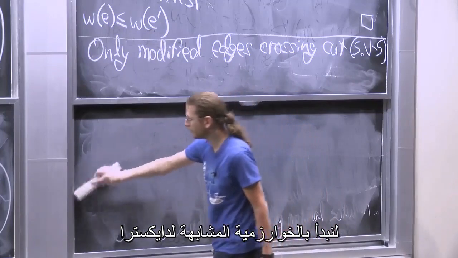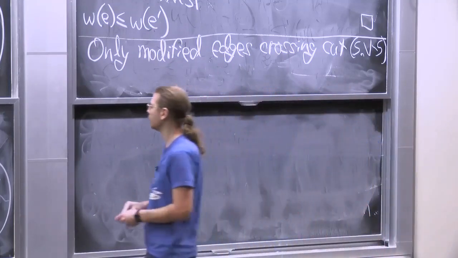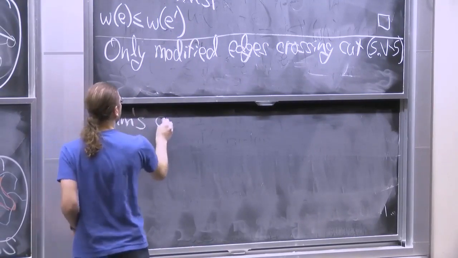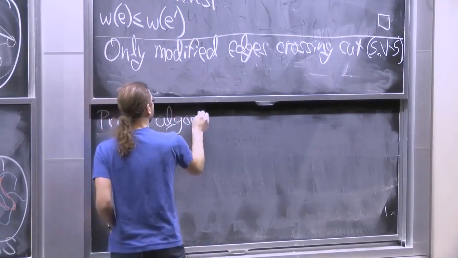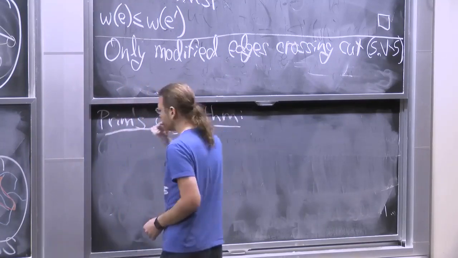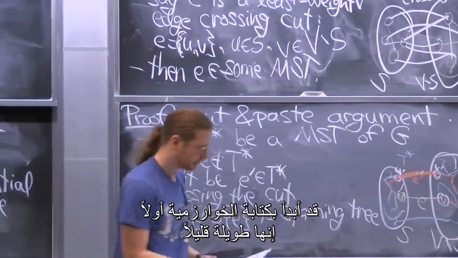Let's start with the Dijkstra-like algorithm. This is Prim's algorithm. Maybe I'll start by writing down the algorithm. It's a little long.